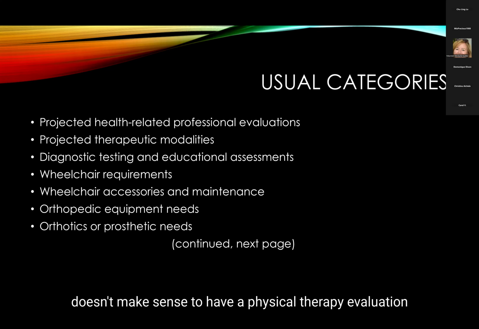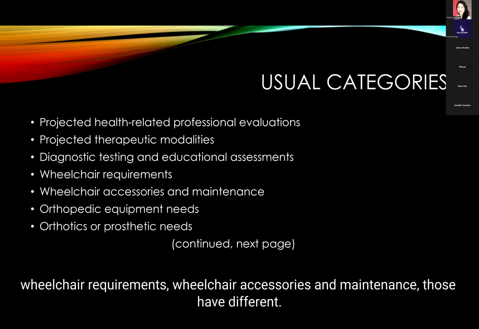It doesn't make sense to have a physical therapy evaluation if you're not going to provide physical therapy services, but they are separated because there are different growth trends and things like that for them. Diagnostic testing and educational assessments, wheelchair requirements, wheelchair accessories and maintenance. Those have different growth rates.